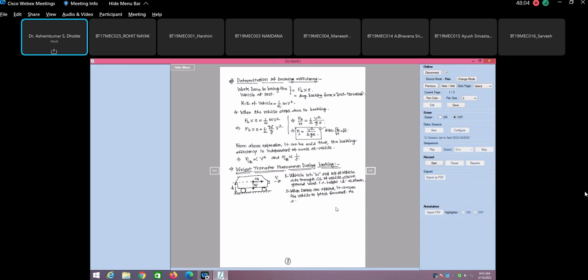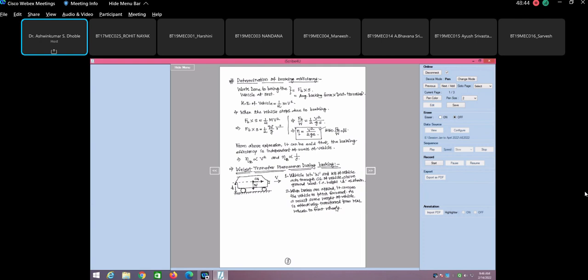As a result, some weight of the vehicle is effectively transferred from rear wheels to front wheels.